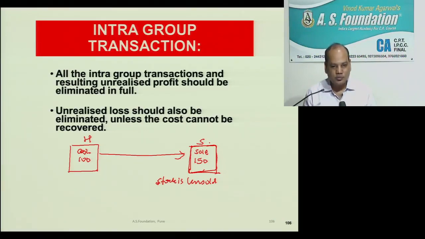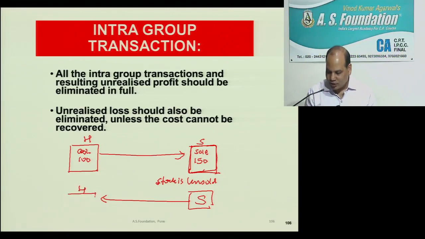Not allowed. Vice versa also. What is vice versa? S Limited sold goods to H Limited. Same story. Selling price 150, cost price 100. Now the stock of H Limited includes that inventory purchased from S Limited, which includes a profit made by subsidiary company, 50.